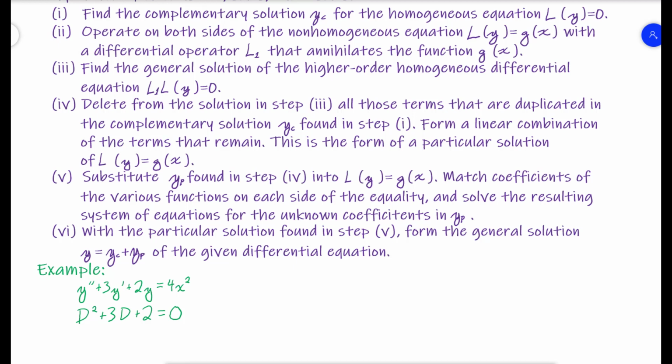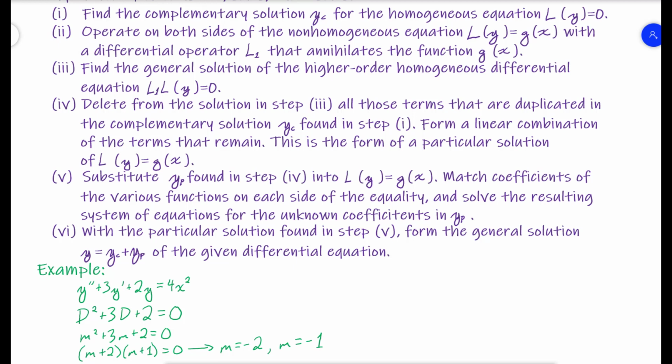So I can do this by using my auxiliary equation, which is m squared plus 3m plus 2 equals 0. So I can factor this to m plus 2 times m plus 1 equals 0. And I can solve this to find m equals negative 2 and m equals negative 1.